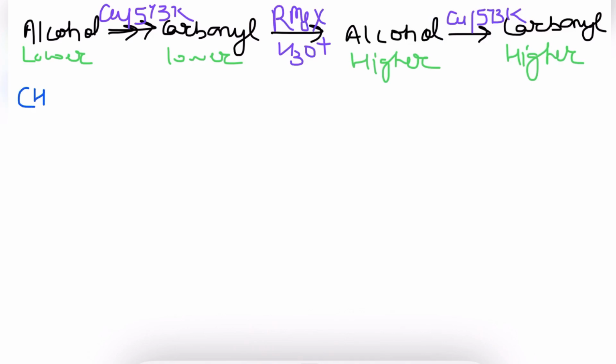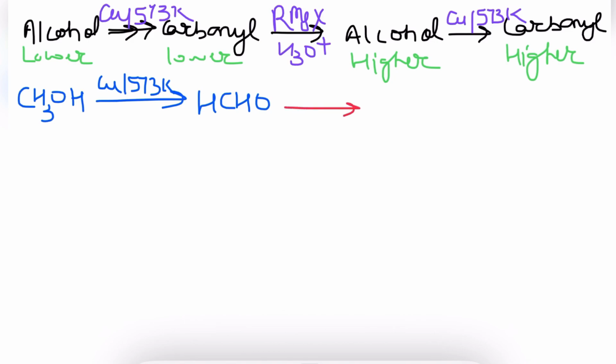We take CH3OH, methanol, the simplest alcohol. This methanol with copper at 573 Kelvin, on dehydrogenation changes to the HCHO part, the carbonyl part. This carbonyl with Grignard, I am taking here CH3MgBr.